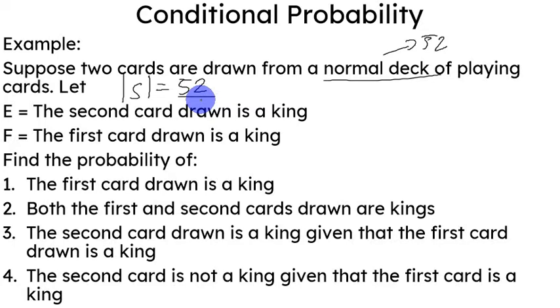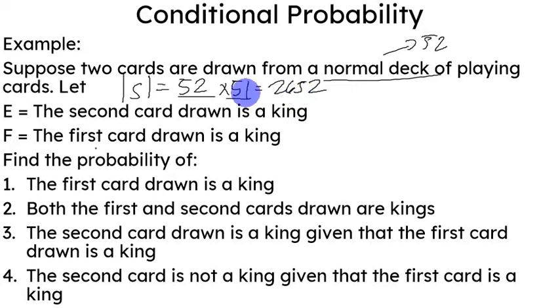Since we did not say that the card was placed back, we will not. So after that, for the second draw, there are only 51 possibilities. By the fundamental principle of counting, we have a total of 2,652 possible outcomes, and we would not want to list that.